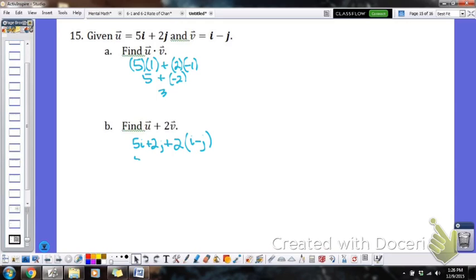So nothing happens to my 5i plus 2j yet. So plus, then 2i minus 2j. Then I need to combine my i components and my j's. So I have a 5i and a 2i giving me a 7i, then a 2j and a negative 2j, which is 0j. So I'm just left with 7i.